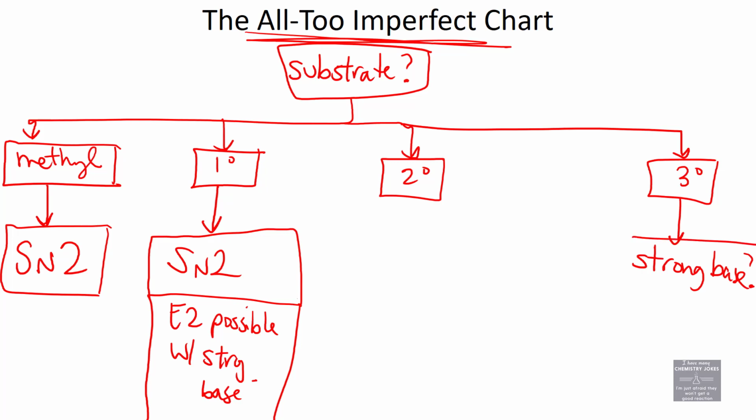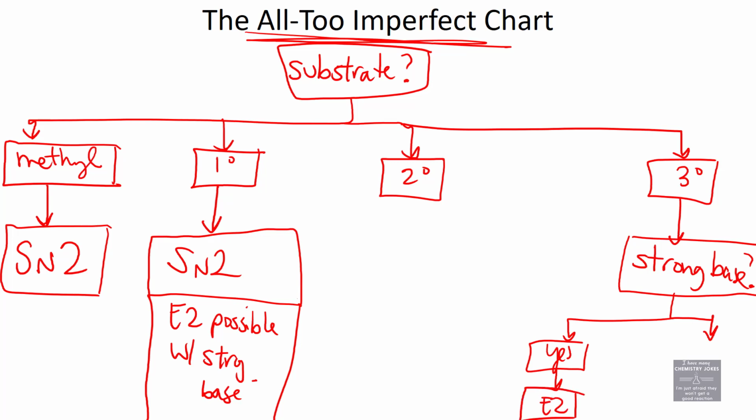If the answer is yes, you do E2. If the answer is no, you make carbocations. That means SN1, E1. It's getting real crowded down there. The favorable path is SN1 unless you turn up the temperature, then you can get E1 to be favored.